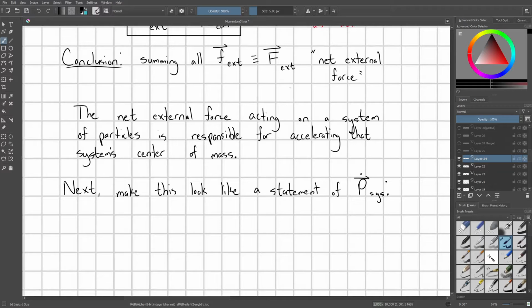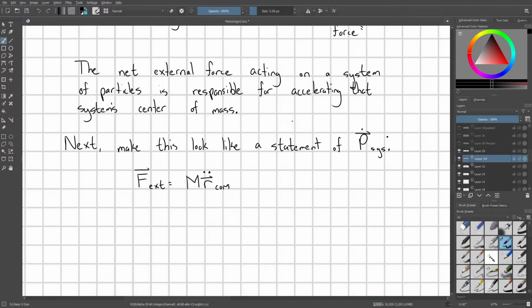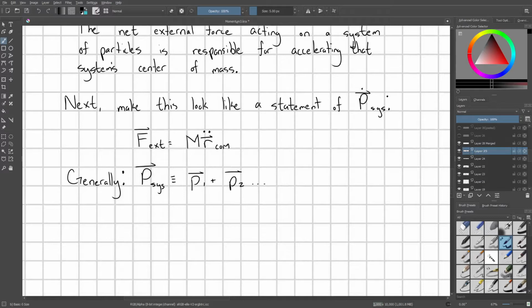All right, next all we're going to do is make this look like a statement of P dot of my system. So that's the statement we had from before. And this time I'm going to show that the P of my system is equal to m times r dot center of mass.